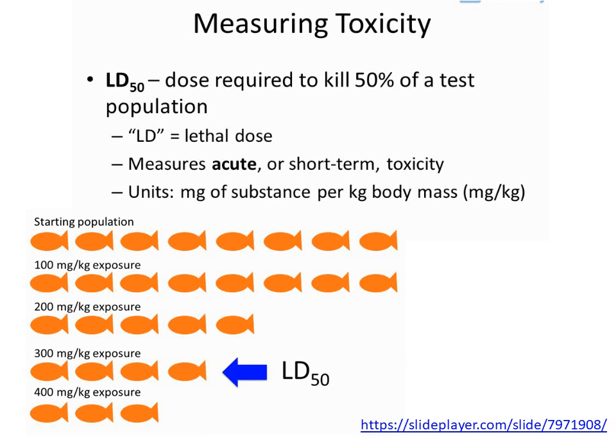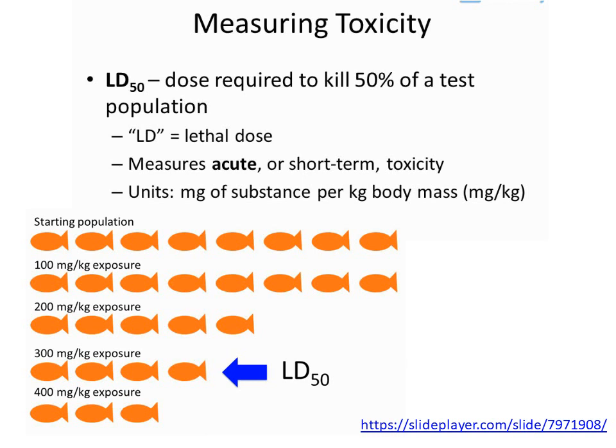So, for example here, yung starting population mo, ilang isda? 1, 2, 3, 4, 5, 6, 7, 8. Meron kang 8 na isda. So, nung gumamit ka ng substance or ng chemical, 100 mg per kilogram exposure, walang namatay sa kanila. Nung gumamit ka ng 200 mg per kilogram exposure, namatay yung 3, buhay yung 5. Nung gumamit ka ng 300 mg per kilogram exposure, namatay na yung kalahati sa populasyon.